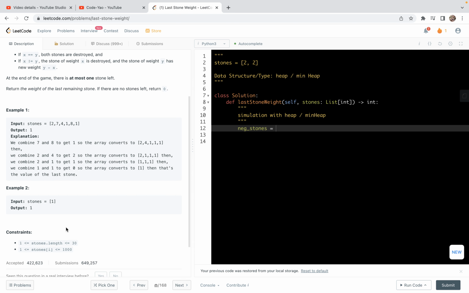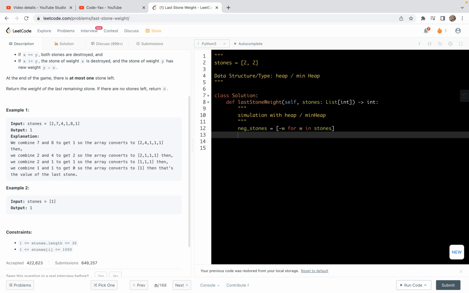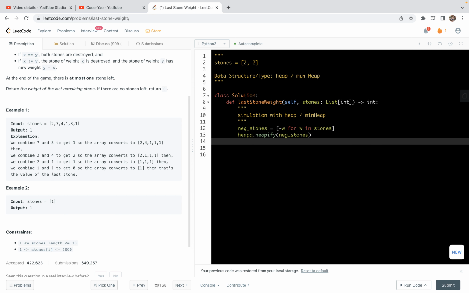Here I use some extra space, but the length is not very long, so we should be okay. So we get negative weight for weight in stones, just flip the signs, and then we first want to heapify this neg stones, and then we're going to mimic the process.